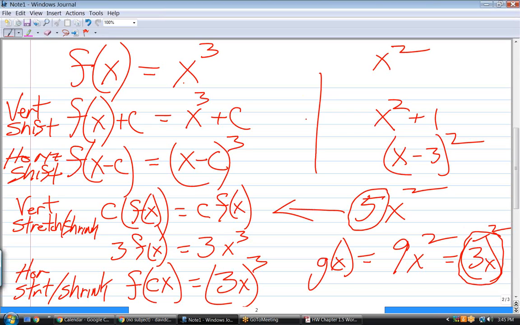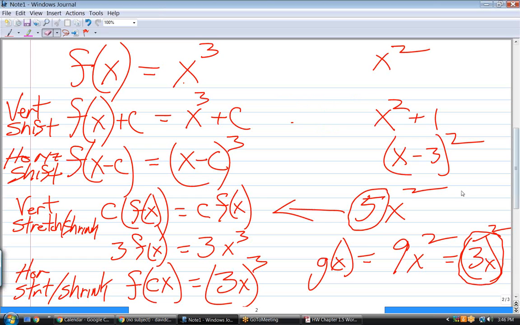In other words, if I'm going to take my parabola and shrink it horizontally, I push from that side, and I end up getting a skinnier parabola. So horizontal shrinks tend to be the same as vertical stretches, at least in the way they change the shape of the curve.